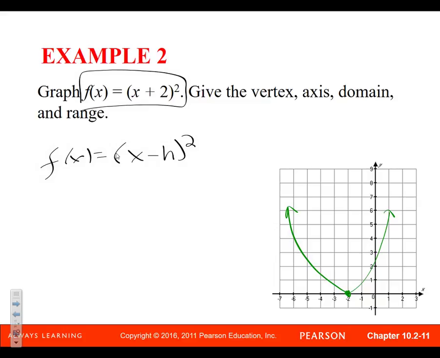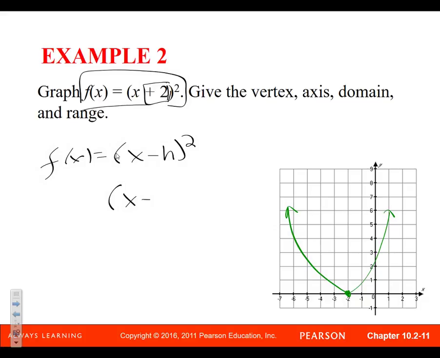Because what's our horizontal shift in this case? It says positive 2. But if I put a positive 2 in for the horizontal shift, it would technically say x. Hold on, I just lost that.